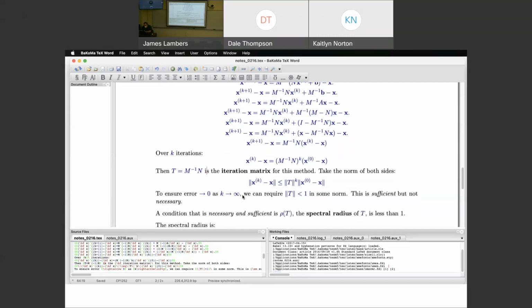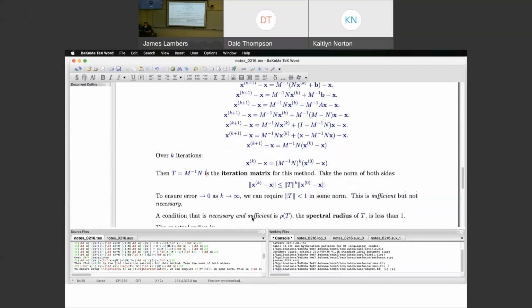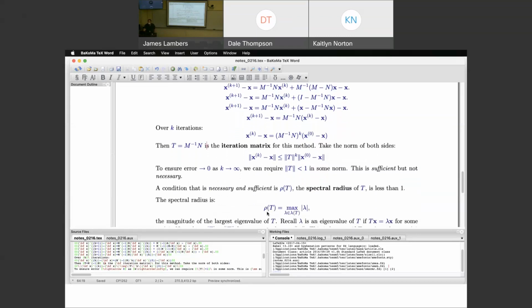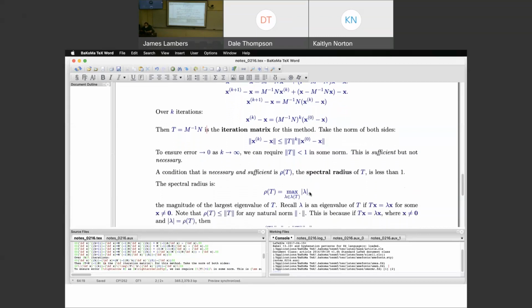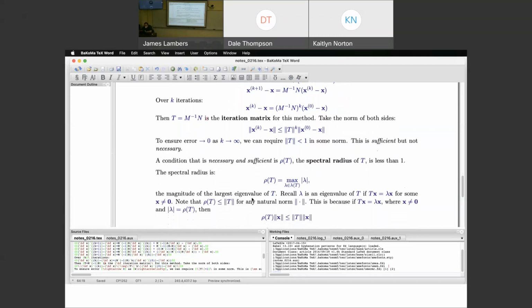Okay. Now, here is a condition that is necessary and sufficient: the spectral radius of T, which is the absolute value of the largest eigenvalue of T, must be less than 1, or convergence will not happen. Recall that this is what the eigenvalues mean, that if Tx equals lambda x, lambda is an eigenvalue.